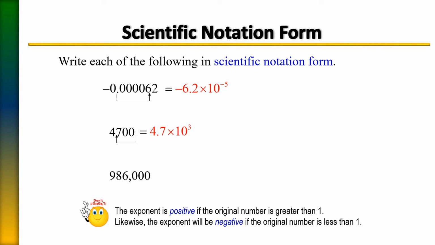Well, it's going to be positive because recall the original number is greater than 1. Anytime it starts greater than 1, your power is going to be a positive power. So that's 9.86 times 10 to the 5th power because it took 5 places to get there. And there you have it, rewriting a number in scientific notation form.